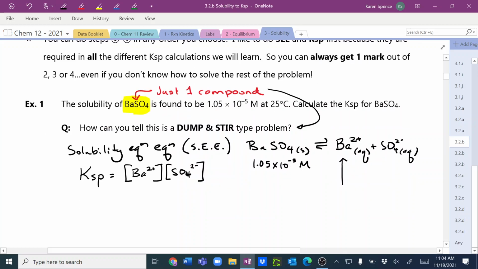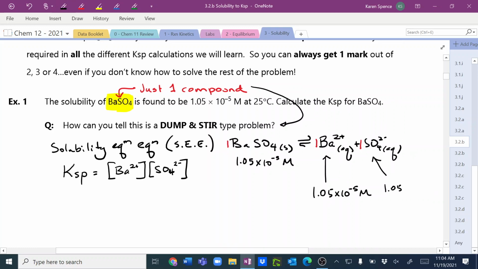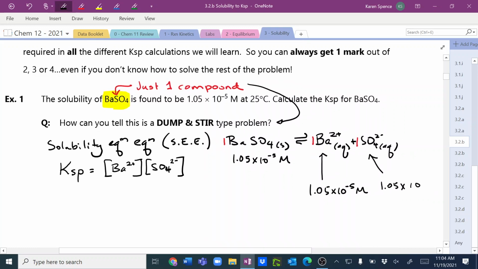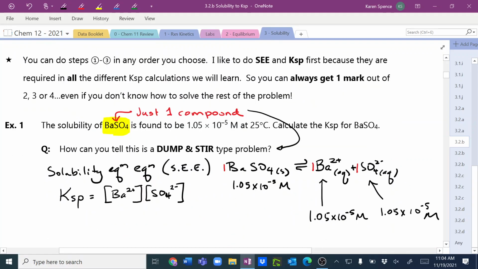It's the same because it is a 1 to 1 to 1 ratio. So this will also be 1.05 times 10 to the minus 5 molar. And this one will be 1.05 times 10 to the minus 5 molar.